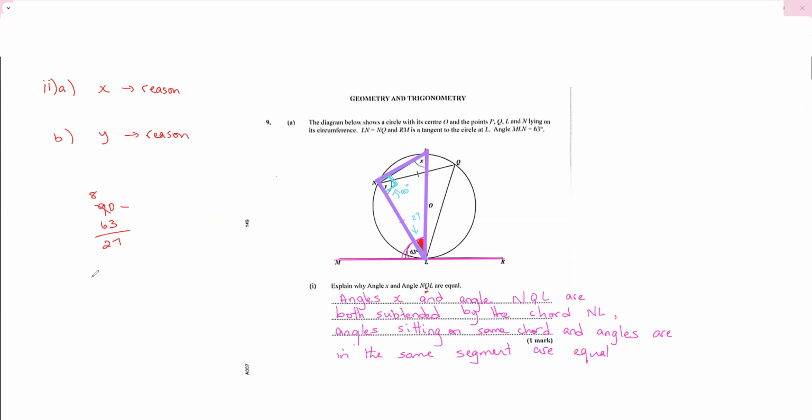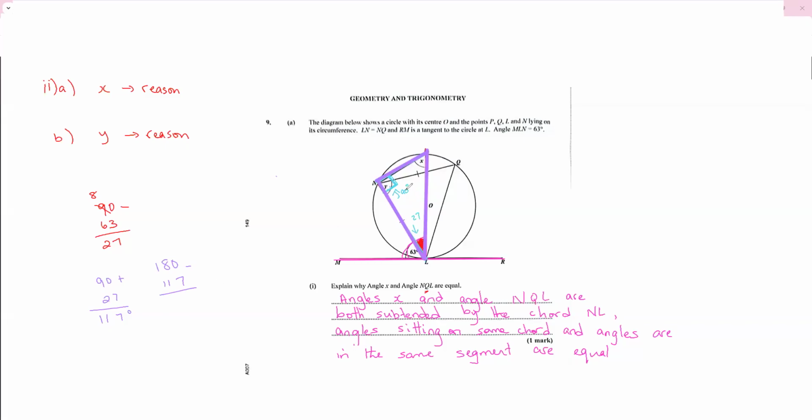So I add up what I know, so that will be 90 plus 27, that's 117. Then I subtract it from 180, because all of these angles must add up to 180.